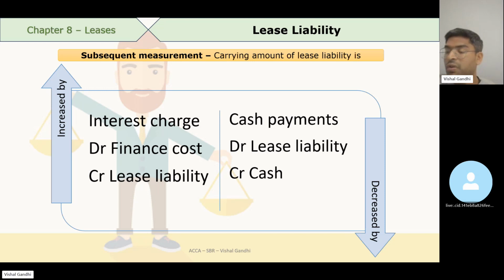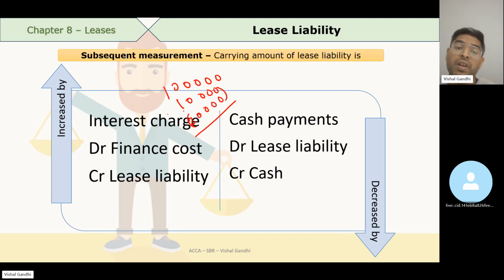So for example, if the initial liability value is say 100K, or 1 lakh, and then say the finance charge is 10,000 and the installment is 20,000.